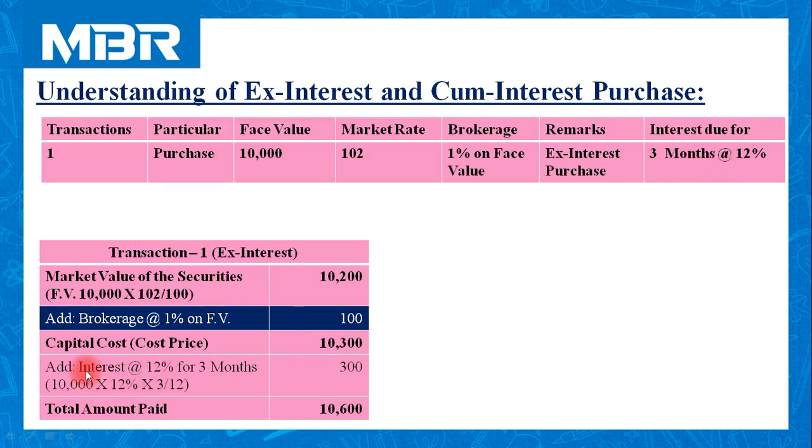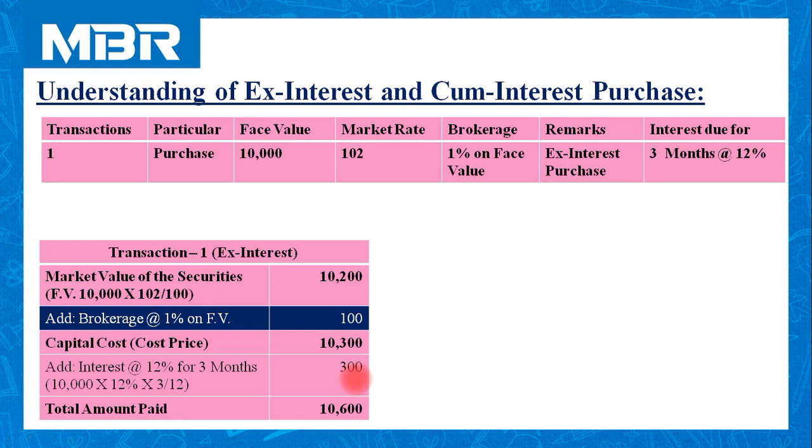So, calculate interest at the rate of 12% for 3 months. 10,000 rupees, because interest is always payable on face value of the security, not on the market value. So 10,000, rate of interest 12%, and the period involved in this calculation is 3 months. So amount of interest is 300.